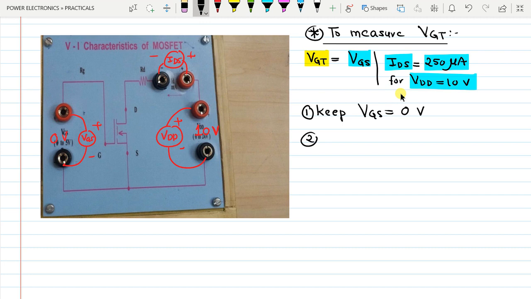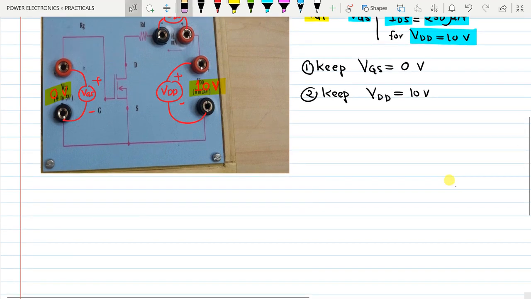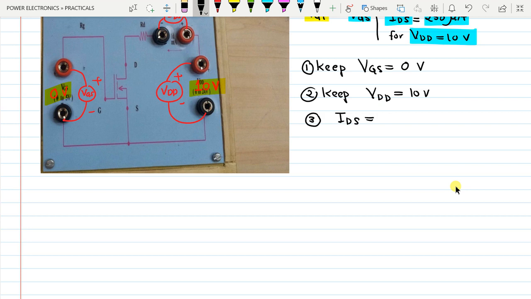Second thing is, keep VDD equal to 10 volts. We already kept VDD as 10 volts and VGS as 0 volts. When VGS is equal to 0, the value of VGT is anything greater than 0, which we do not know. For VGS equal to 0, the channel is not formed, so we will observe that the IDS meter shows a value of 0 amperes.